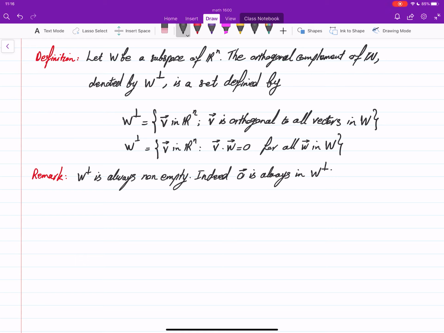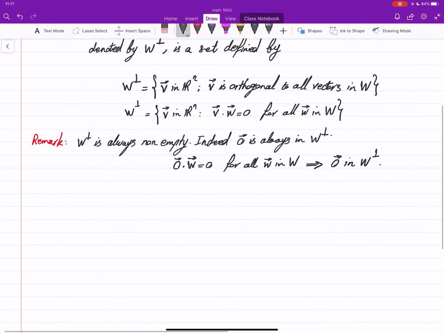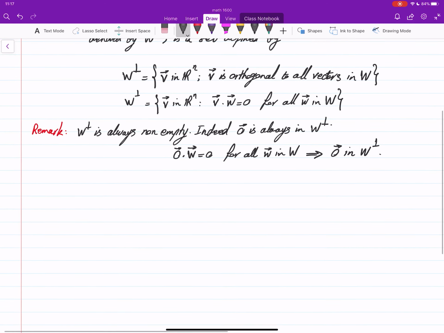Why is that so? Because the zero vector dot any vector in W, or even in general in Rn, is going to be 0, for all vectors w in the subspace W. So that means that the zero vector is in W perp. So at least we know that the zero vector is always there.